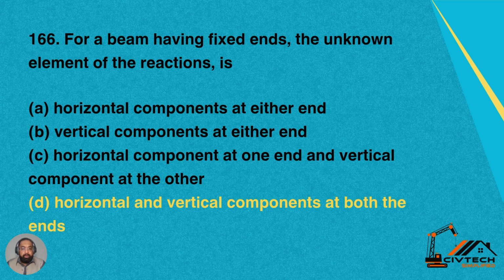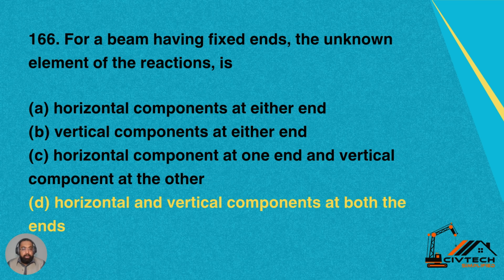Question 166. For a beam having fixed ends, the unknown element of reactions is option A, horizontal components at either end, option B, vertical components at either end, option C, horizontal components at one end and vertical component at the other, option D, horizontal and vertical components at both ends.